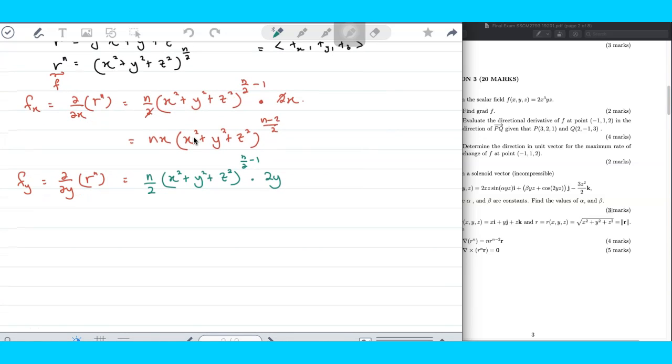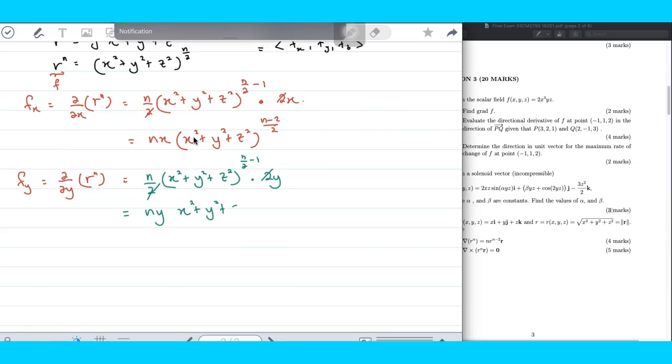When you simplify, you have n y times x squared plus y squared plus z squared to the power of n minus 2 over 2.